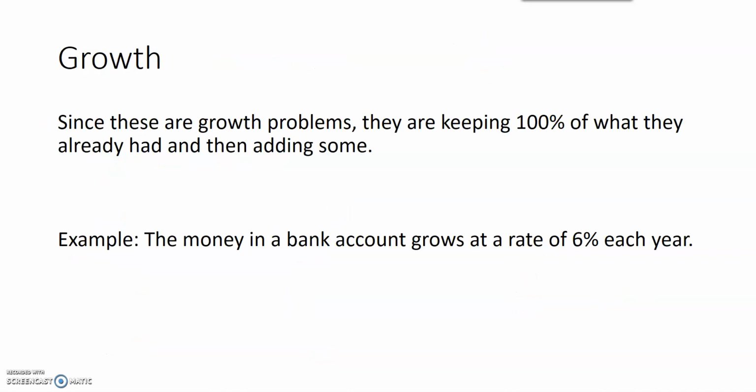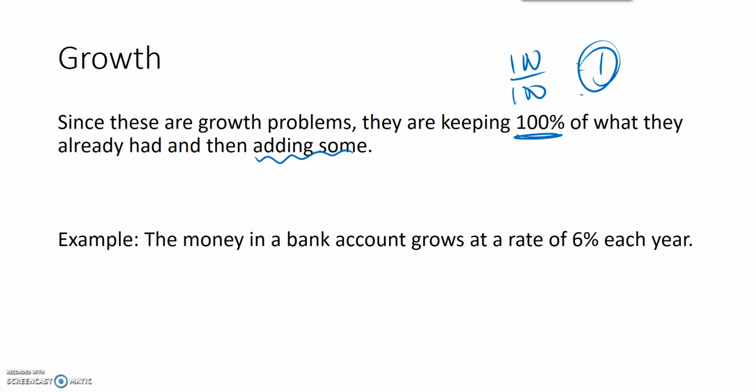So I'm going to tie this back to the idea of growth. Since these are growth problems, what's happening is they're keeping 100% of what they already had and then adding this new rate to it. So 100%, if I was going to change that to a decimal, it'd be 100 divided by 100, which is 1. And remember, our b value has to be greater than 1.